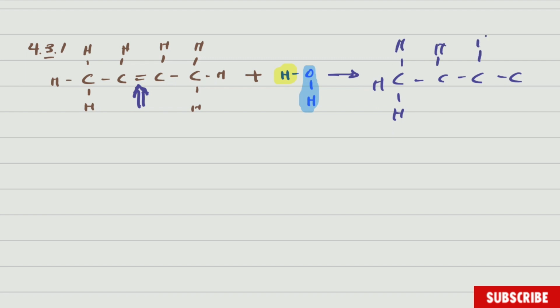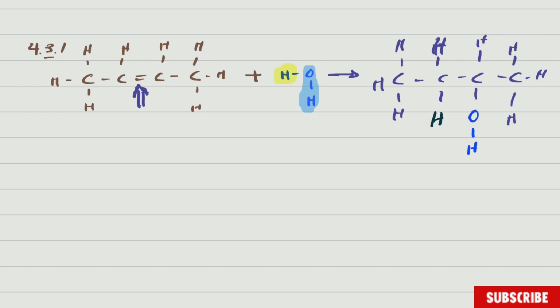But please note that the OH is going to go to the carbon that has the least hydrogen. So in this case it doesn't matter because they have the same number. Each carbon has one hydrogen. So hydrogen is going to one of them, either one, and the OH is going to the other. So the OH is going here. Now the question is not about this one.